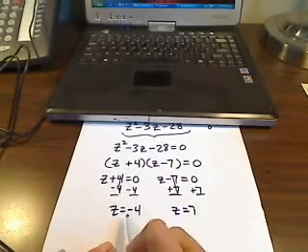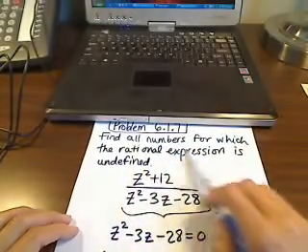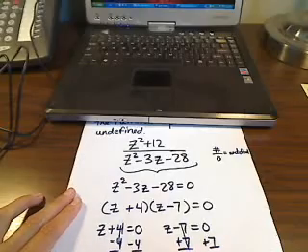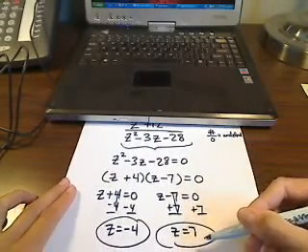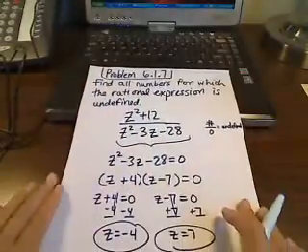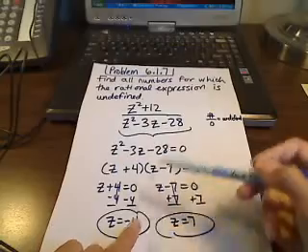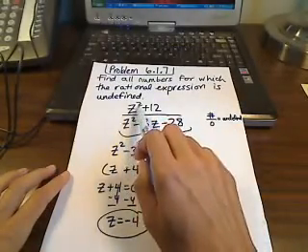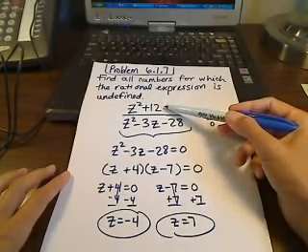Now, these are values that z can't equal, because the question was find all numbers for which it's undefined. This expression is going to be undefined for these numbers. The reason for that is, if I take negative 4 and plug it into this expression, negative 4 on the top is going to give me 16 plus 12, which is just some number.